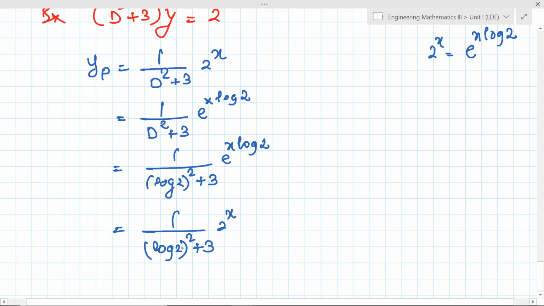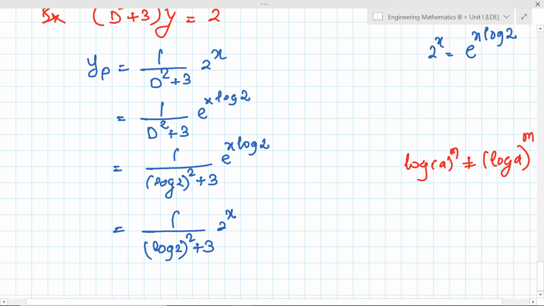Some students may commit a mistake here. They keep this square in front of log 2. But don't do that, because in general, log of a raised to m is not equal to m times log of a.